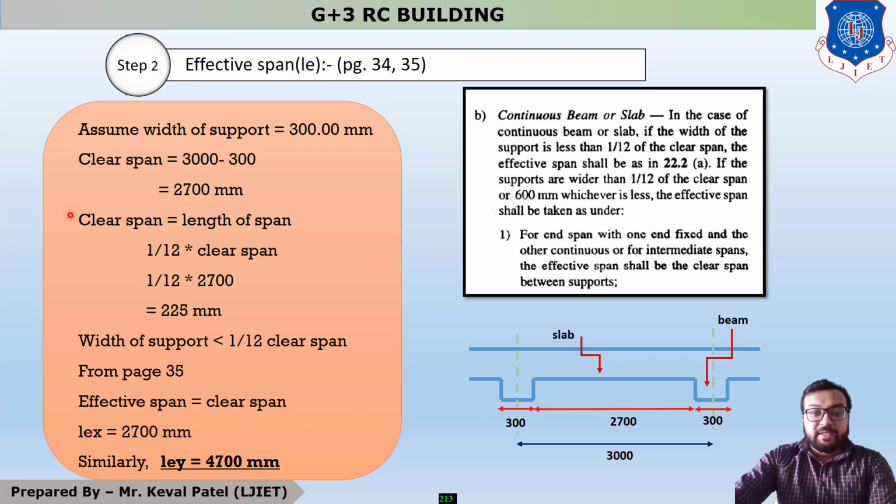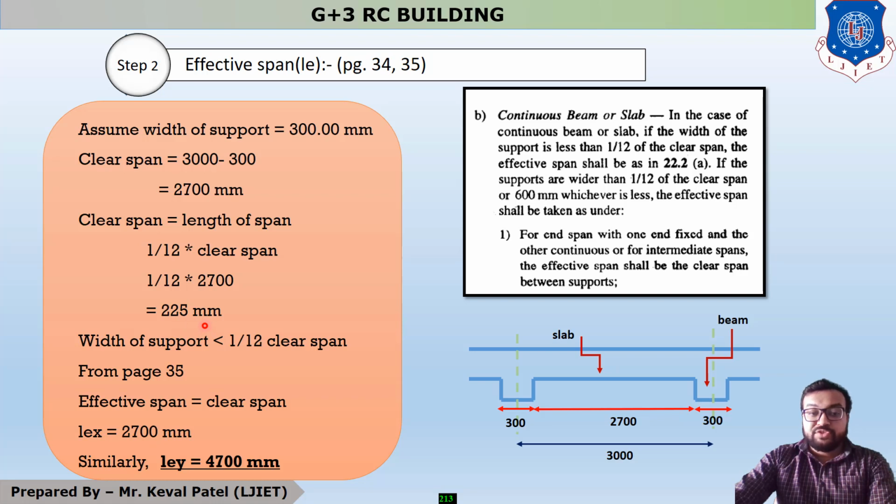So your clear span is equal to 3000 minus 300, which is equal to 2700 mm. Now clear span divided by 12 is equal to 225 mm.